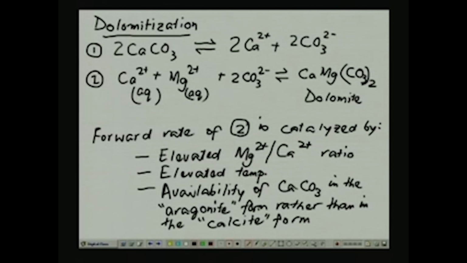Now, all these things, particularly this one, are met when seawater gets mixed up with fresh groundwater, and seawater itself acts as a source of magnesium ions. So, that is the reason why presence of seawater is considered a necessary ingredient for the formation of dolomite.